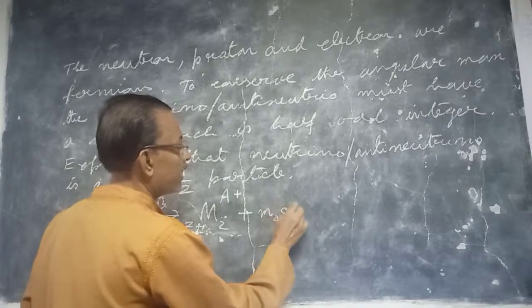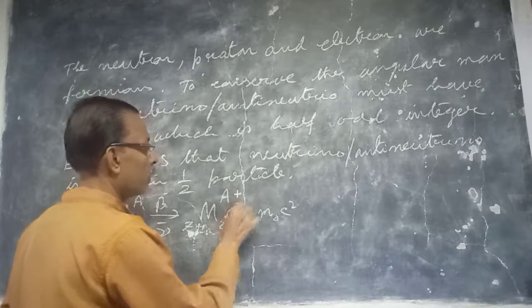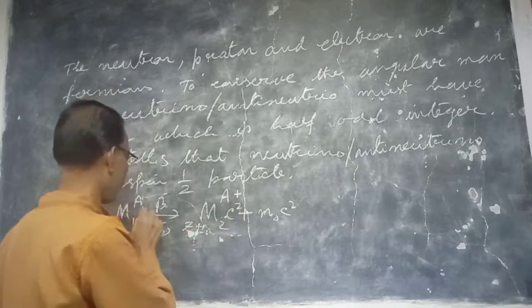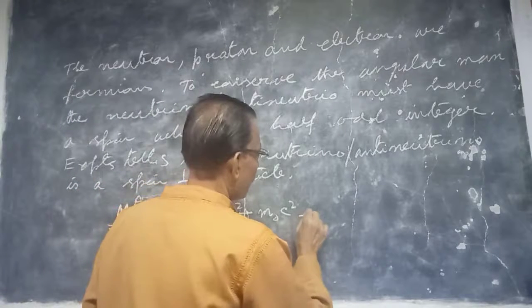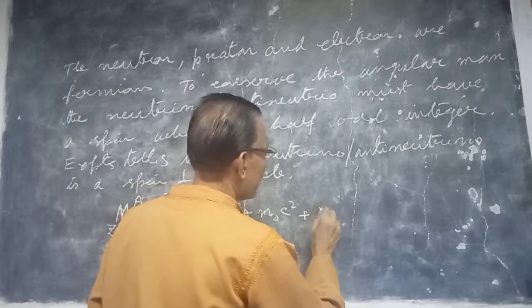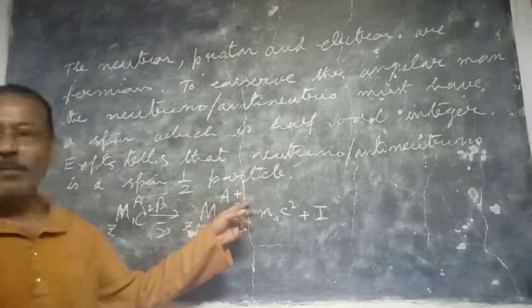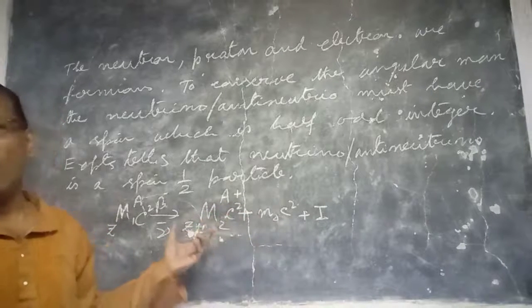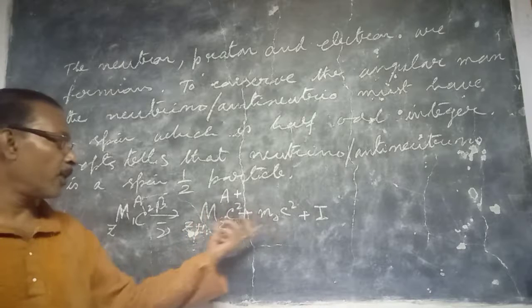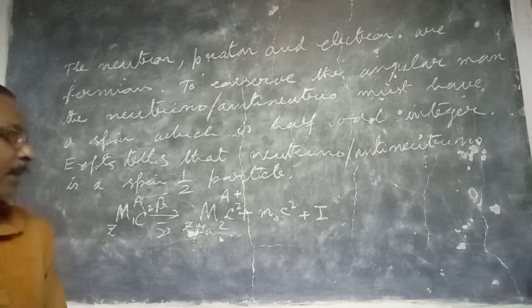Plus here you get m0 c squared, the energy of the beta particle. If you calculate the energy, plus the ionization energy of the last electron, because the electron deficiency is here. So the ionization energy of one electron should be added here, so you get the total balance.